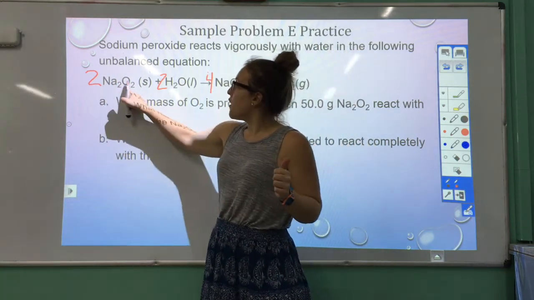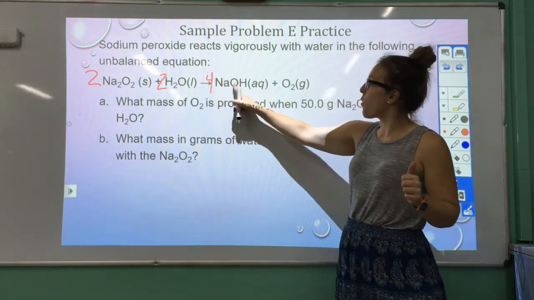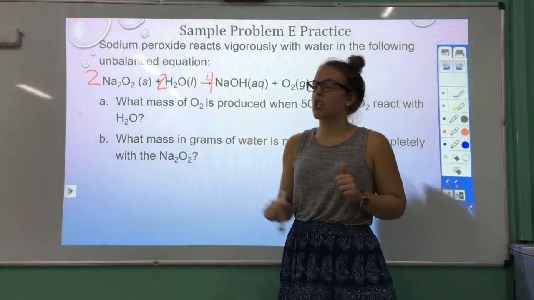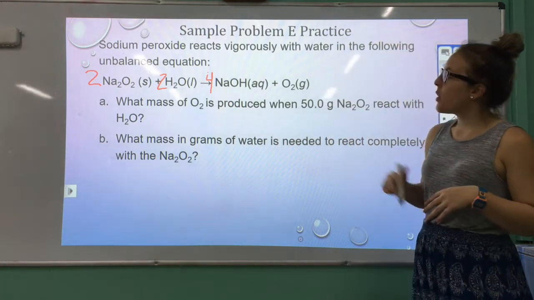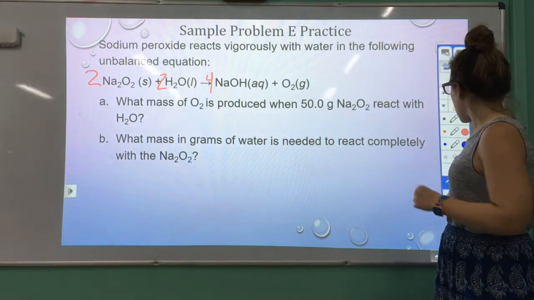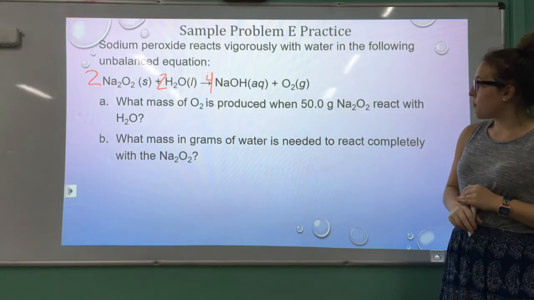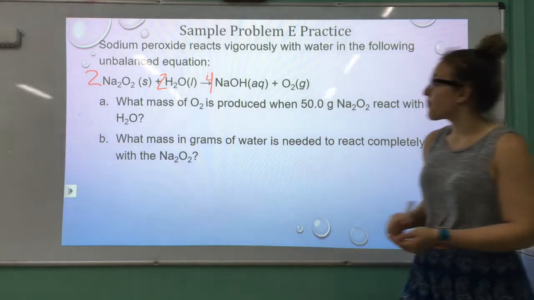We have 6 oxygen now, and we have 6 oxygen on this side, and we already set our hydrogen. So now the equation is balanced. So what mass of oxygen is produced when 50 grams of sodium peroxide react with water?